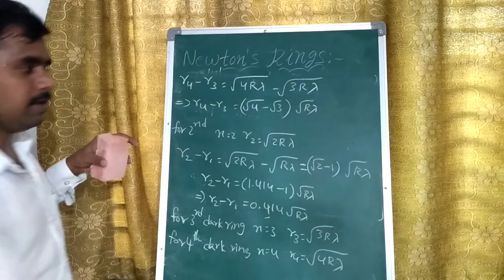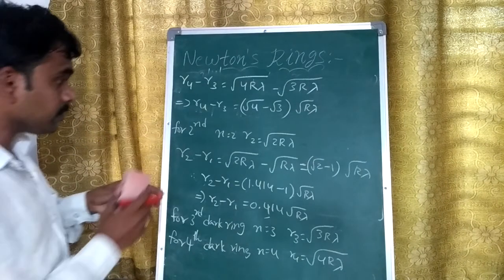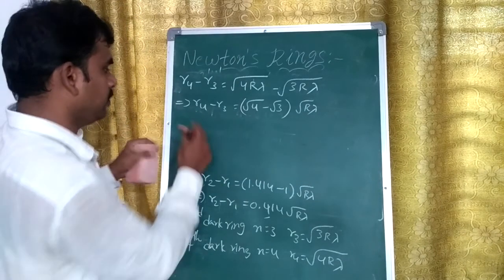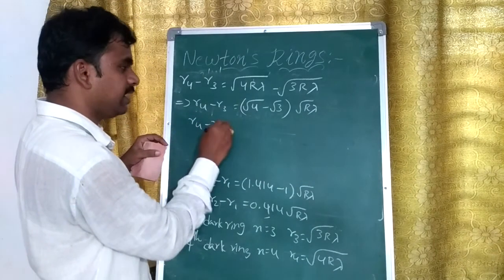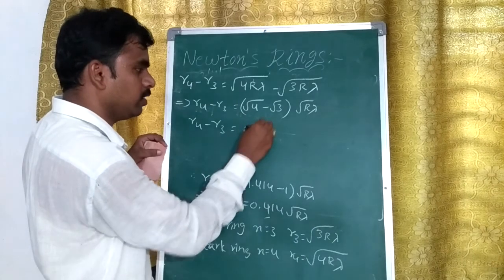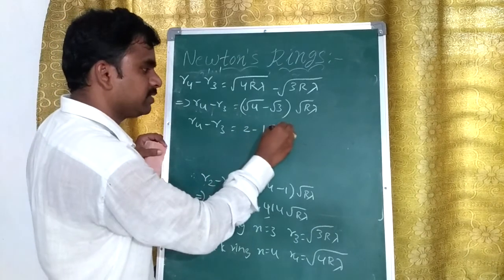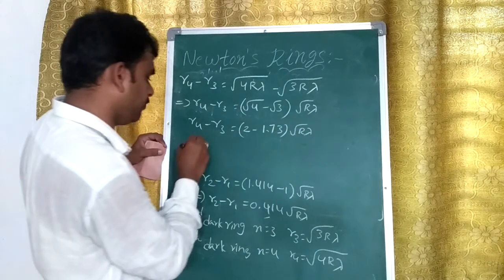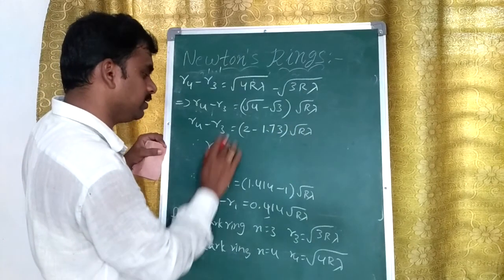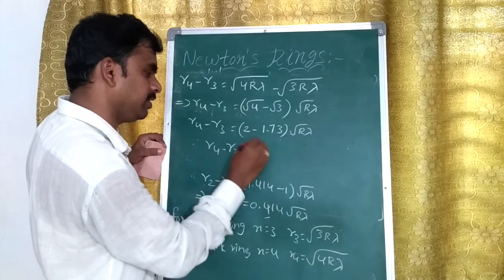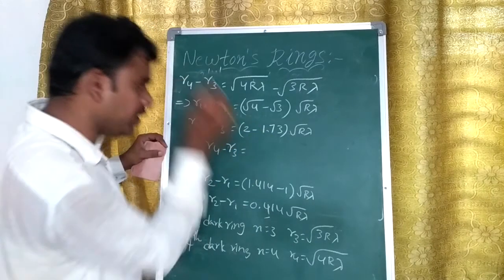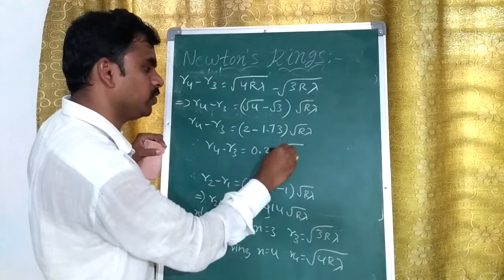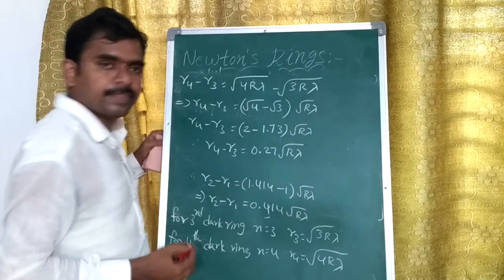That is 2 minus 1.73. Therefore, r4 minus r3 equals 0.27 square root of R lambda.